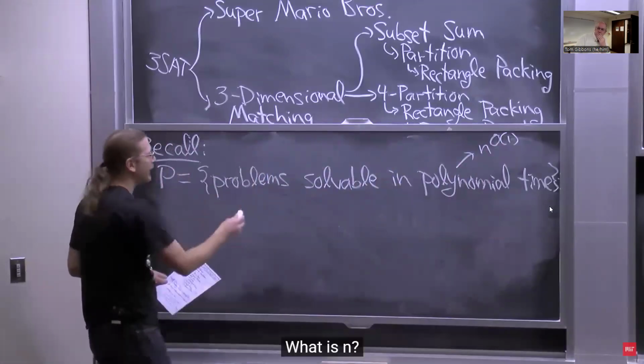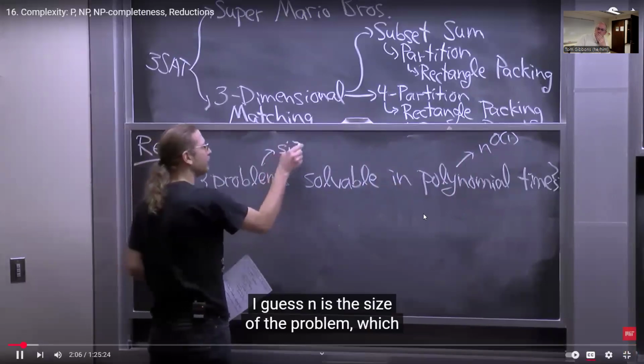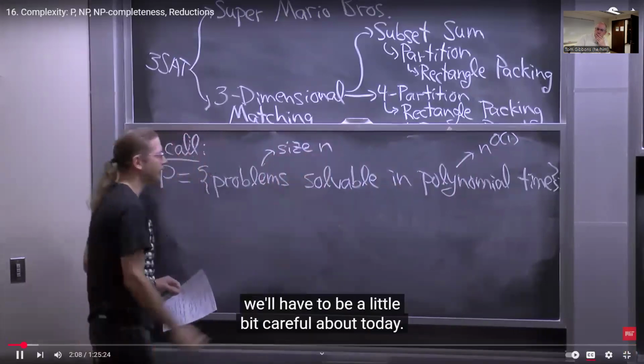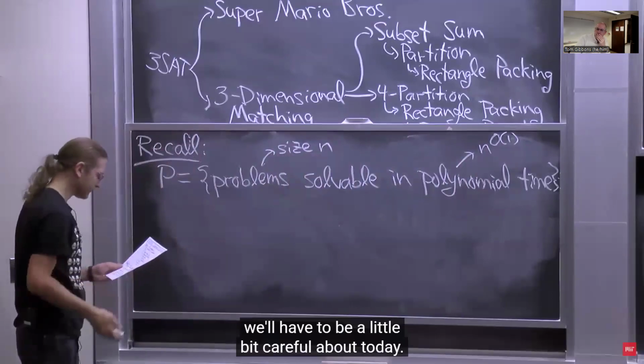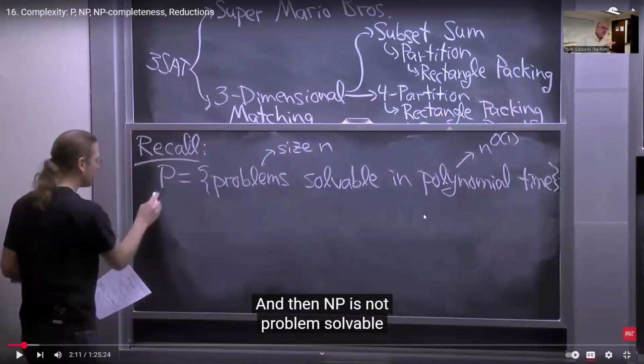What is n? n is the size of the problem, which we'll have to be a little bit careful about today. They're looking at any problem that can be solved in polynomial time: n squared, n cubed, n to the 12th power. Anything that's not exponential or factorial.